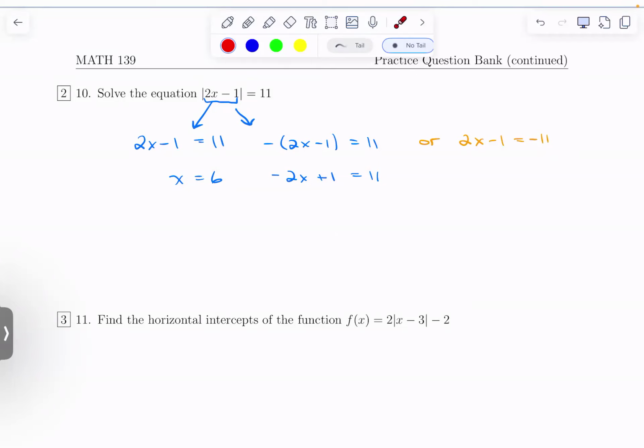I get negative 2x is 10, so x must be negative 5. So just pay attention, you're going to have 2 answers for the absolute value.